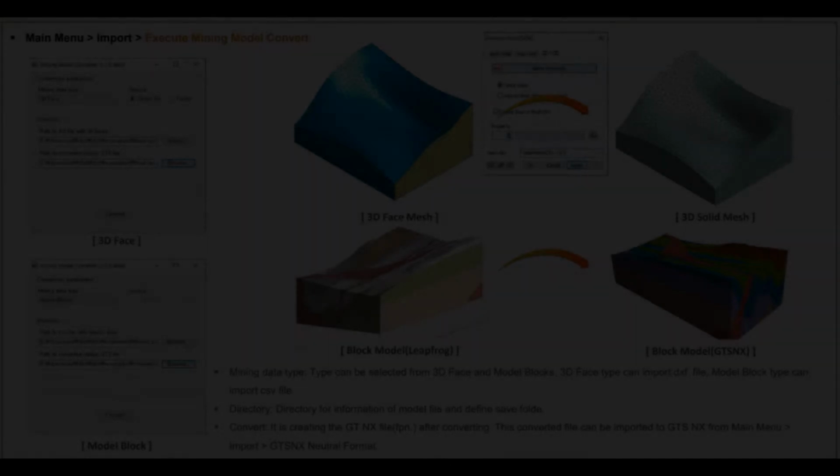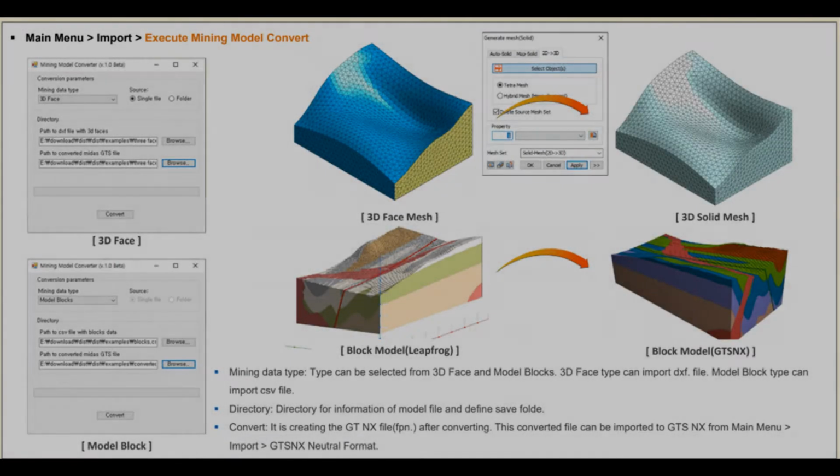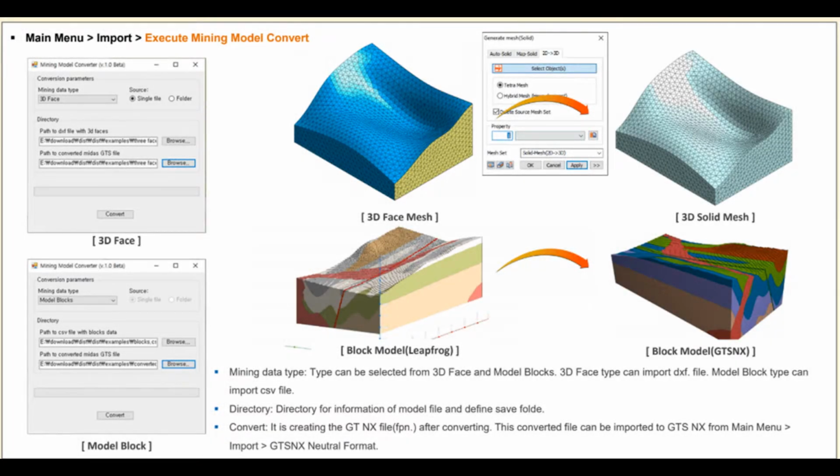In the last update of Midas GTS-NX, they included a very useful module called Mining Model Converter. It basically gets as an input the mining mesh triangulation, this typical triangulation from mining software from scans, and the software is able to adopt it in two forms.